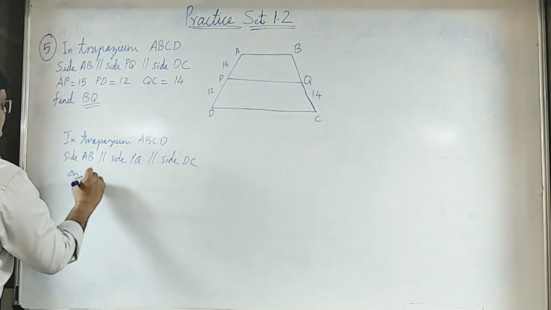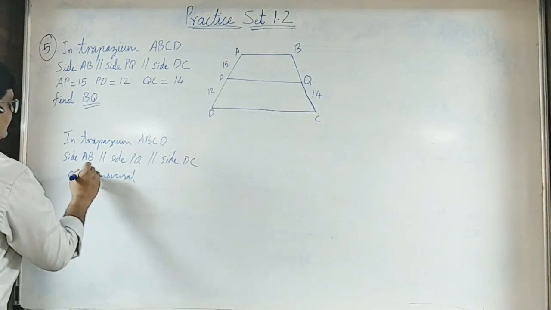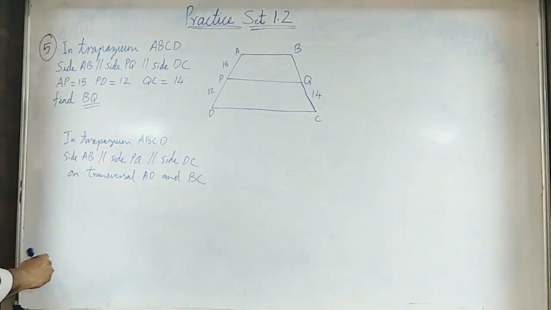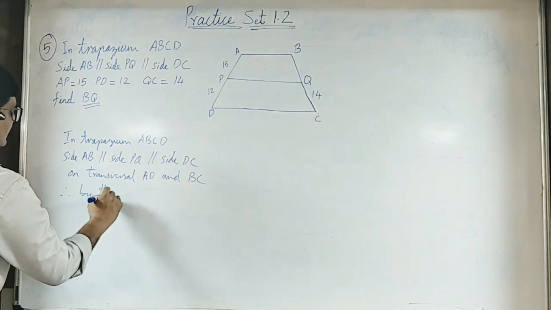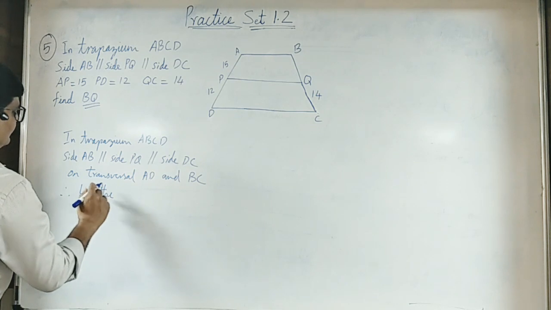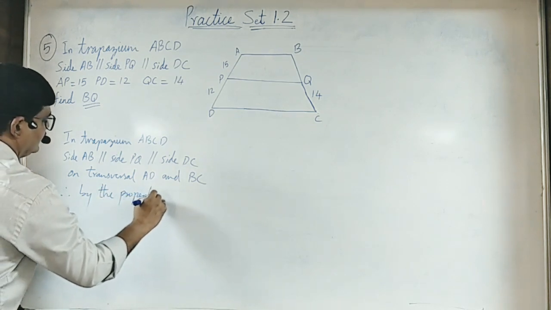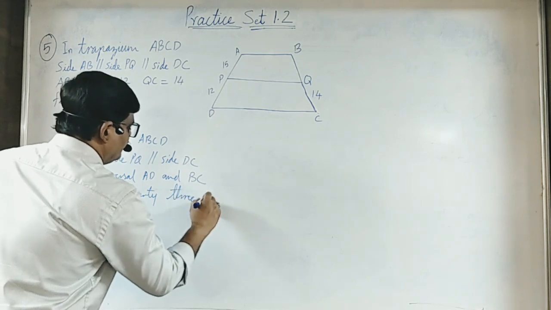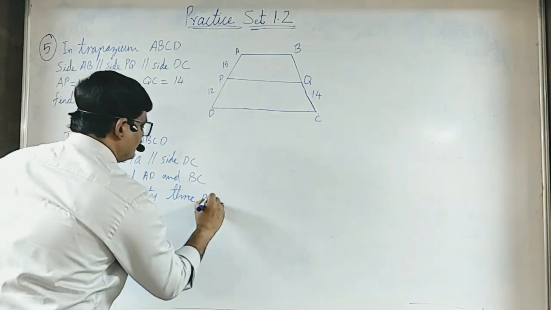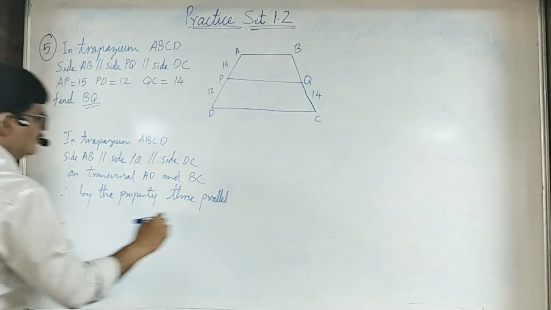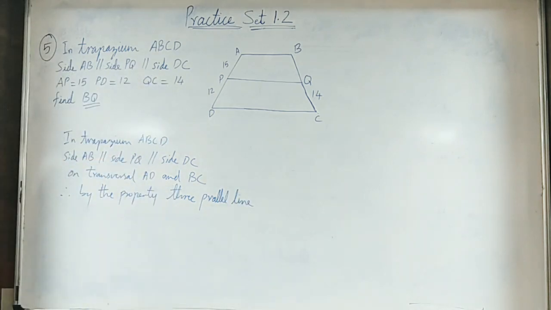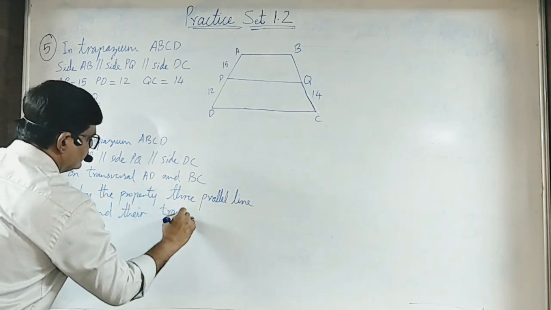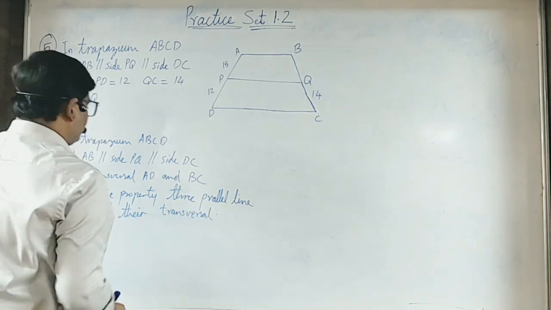On transversals AD and BC, therefore by the property of three parallel lines and their transversal, we are going to apply that property.